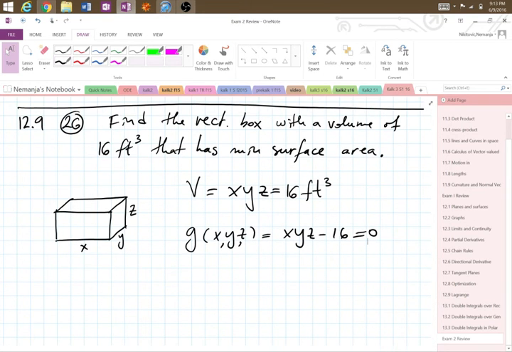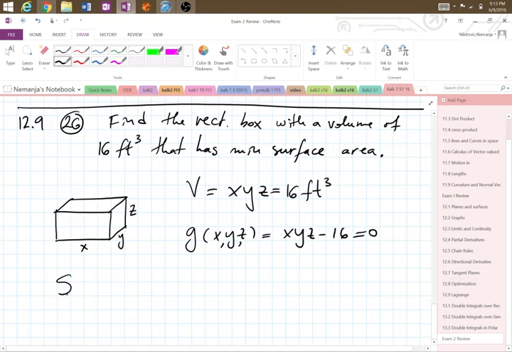Now, it's the one that you are minimizing or maximizing, which is your objective function, which is the f. In this case, it is a surface area. You have 6 rectangles there, but it's 3 pairs.